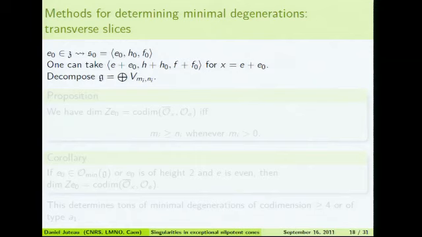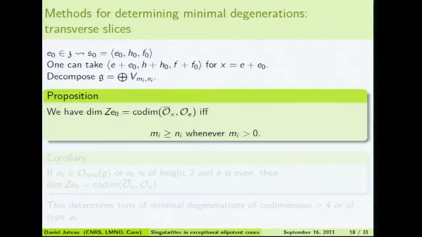And you can add them together to get an SL2 triple of the sum as well. And since you have two SL2 actions which commute, you can decompose the space with weights indexed by two integers. And so here is a criterion to have the same dimension or codimension. It's really a condition about which weights can appear.